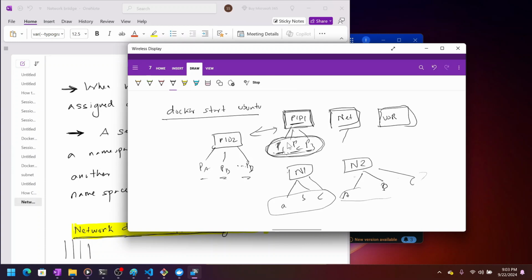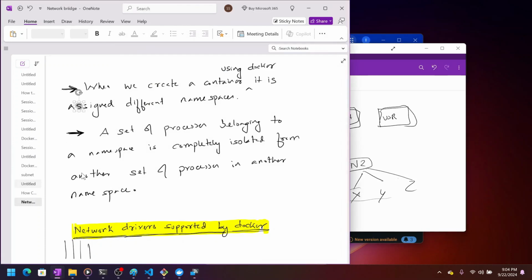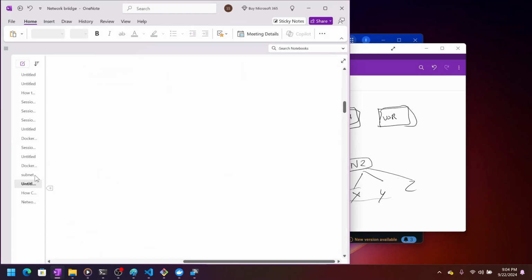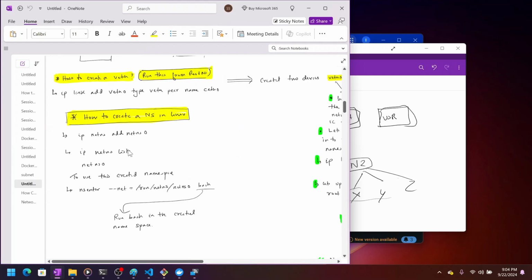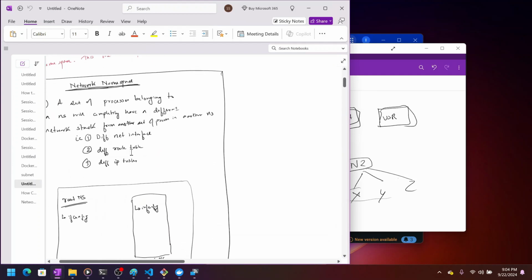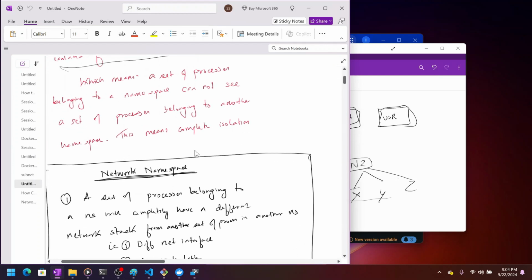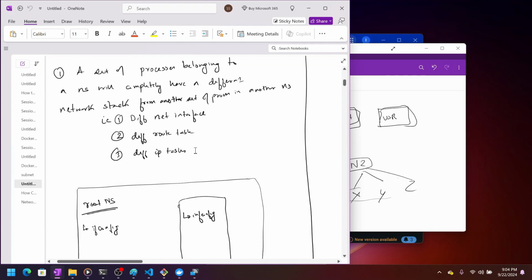So you can see a set of processes belonging to a namespace has a completely different network stack from a set of processes in another namespace.